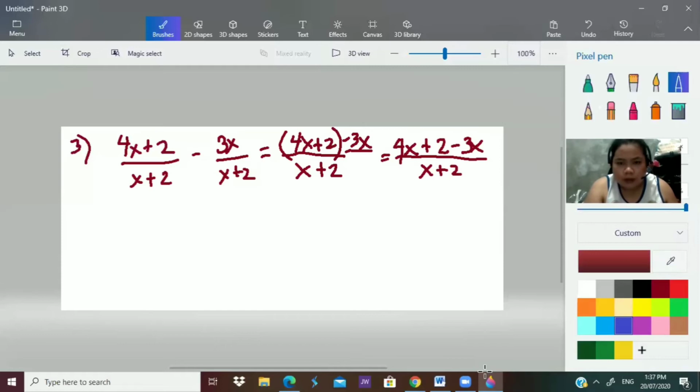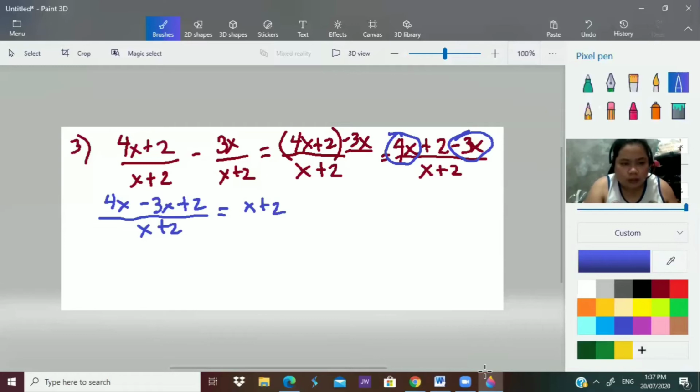So here, we're going to subtract similar terms. So you have 4x minus 3x plus 2 all over x plus 2. So 4 minus 3, you have 1. So 1x or x plus 2 all over x plus 2. Okay.